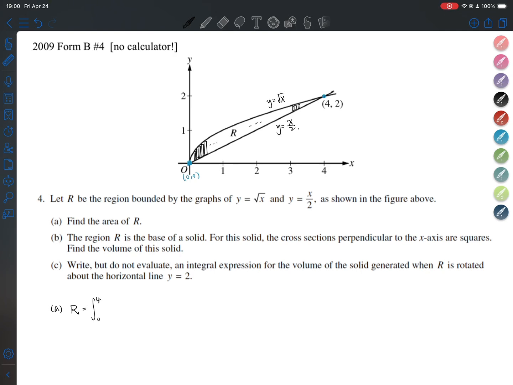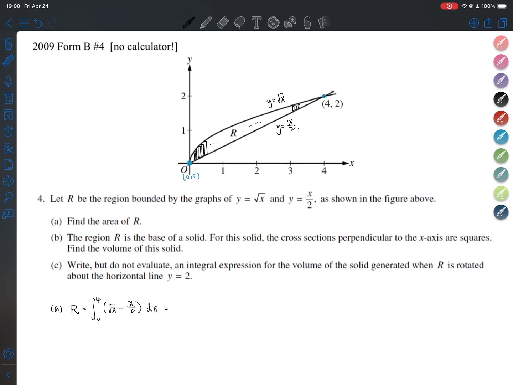Then the height will just be the top curve, square root of x, minus x over 2. So that's the height. We also need a width for the rectangle, and that will be dx. So we have the integral from 0 to 4 of square root of x minus x over 2 dx.